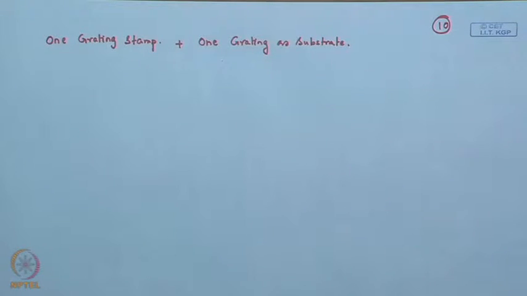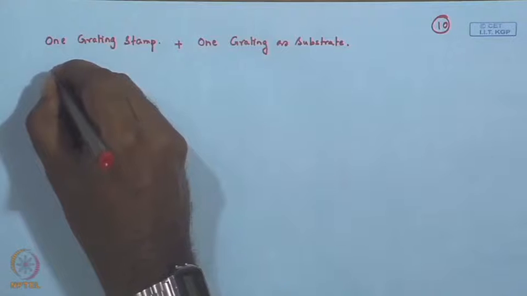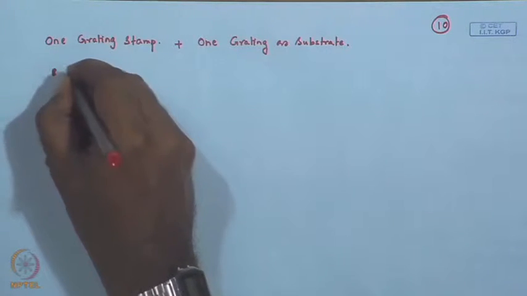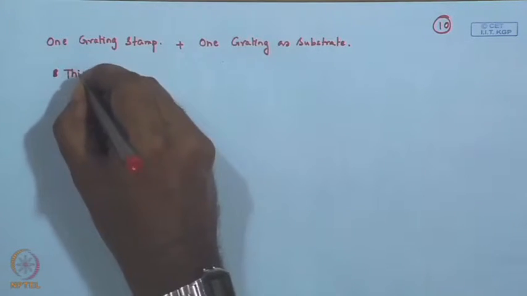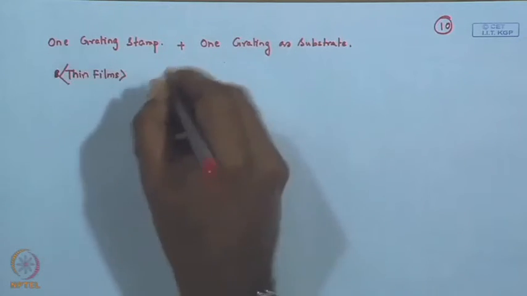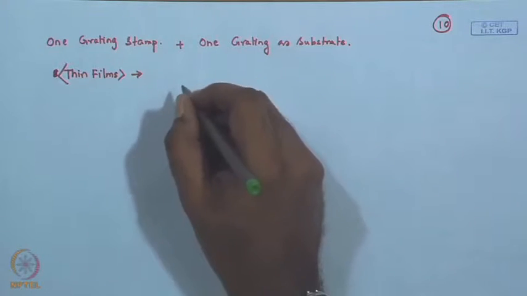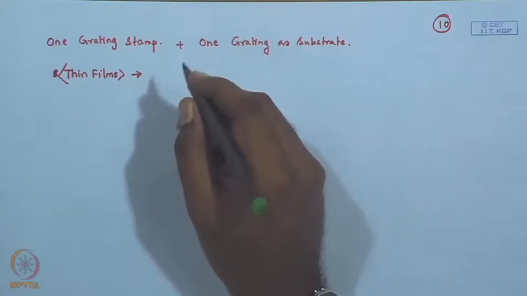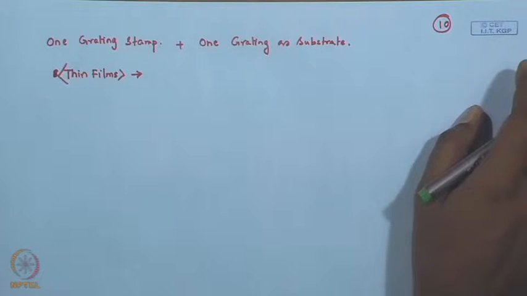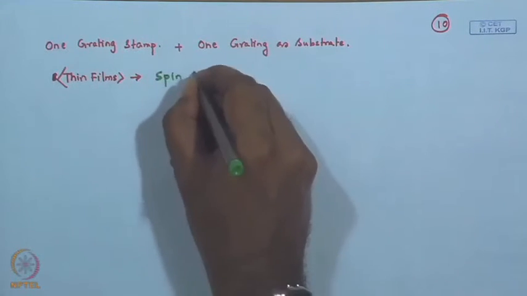In all the methods we have been talking about for the last few classes, they use very thin polymer films. While talking about photolithography, we said that one of the preferred methods, particularly with polymers, for making thin films is spin coating.